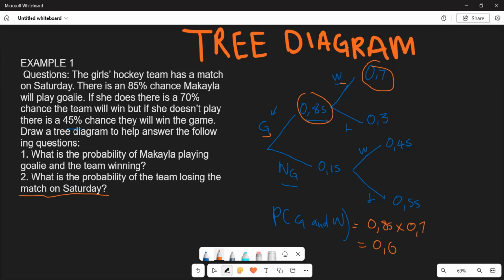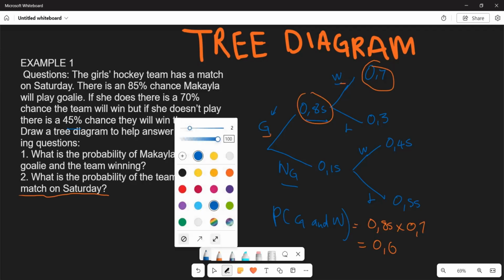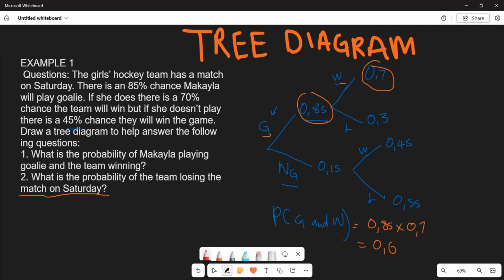Now, here you have the probability of losing, isn't it so? You always start here, which means you're going to say, look, the team can still also lose altogether even if she plays goalie. So it's going to be Michaela playing goalie and the team also losing.